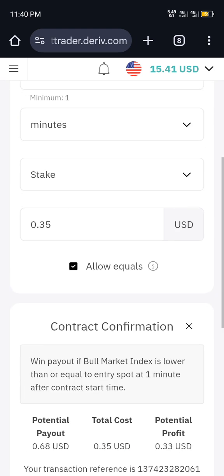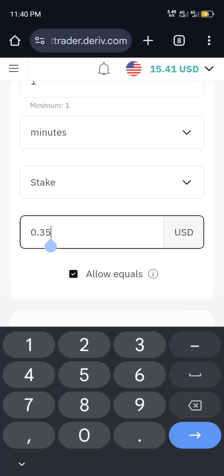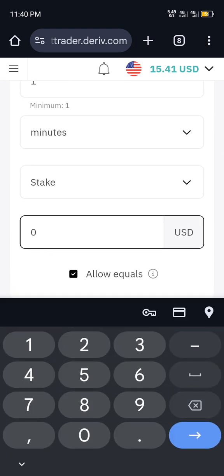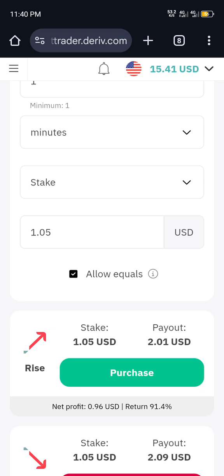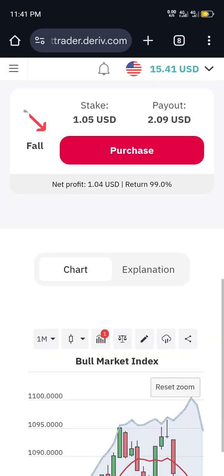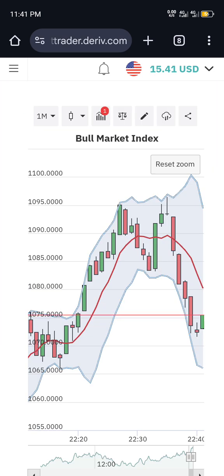So I move to the second stage of my trading cycle, which is $1.05. All right, at this stage, my take profit, if I see 75 cents, I lock it in. And my stop loss, if I see 45 cents, I cut my loss short at that level. Okay, it's trying to retrace. Now let's see.